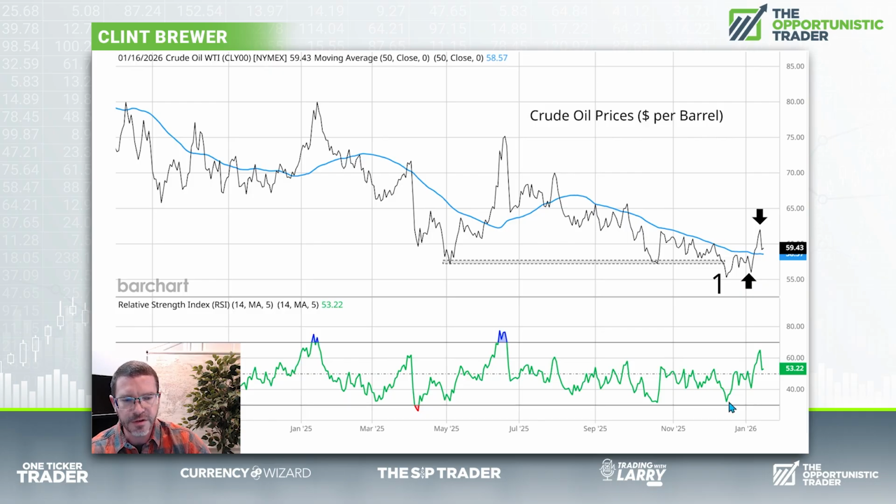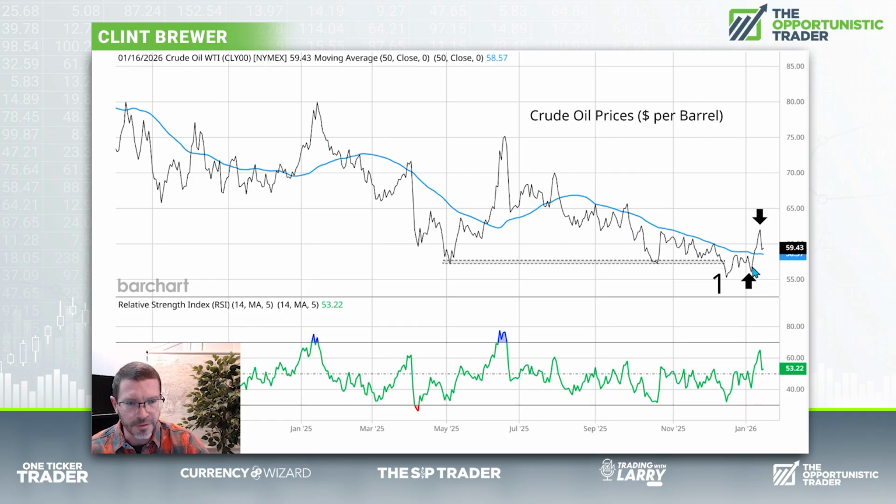In the strictest sense, this is not a positive RSI divergence because price did not hit that exact low or make a lower low. But you can see the RSI holding up at a much higher level on that pullback. It seemed like there were positive momentum divergences starting to build with oil prices.